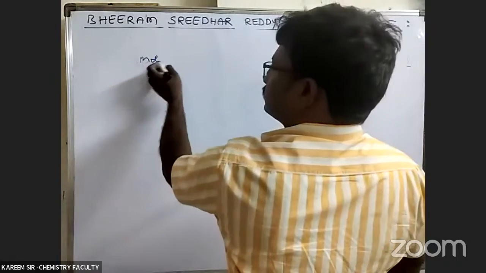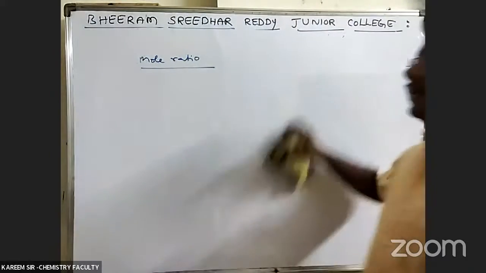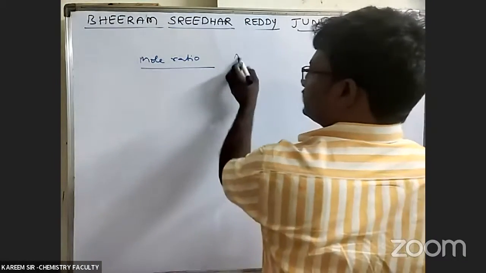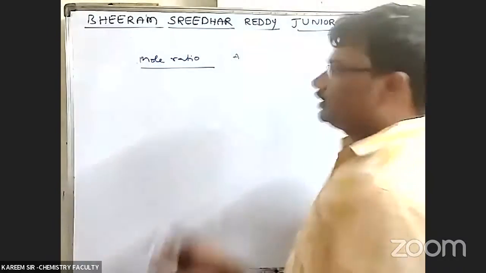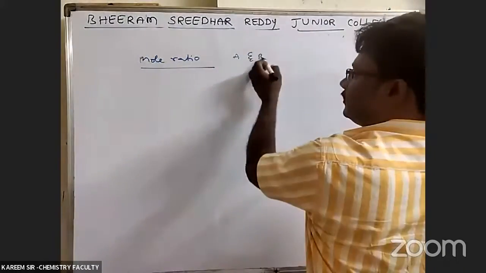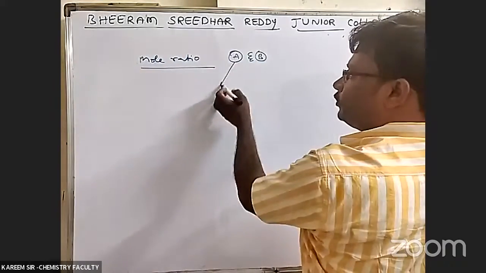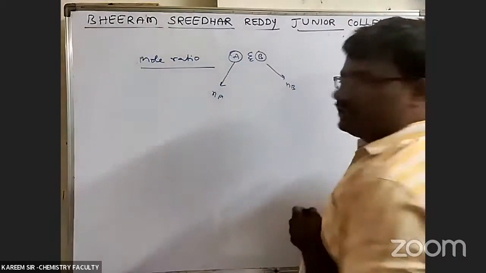Mole ratio. Mole ratio means what? Suppose A is there, B is there, 2 substances are there. Then the number of moles of A is Na, the number of moles of B is Nb.